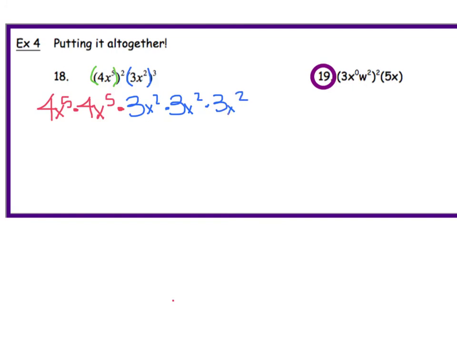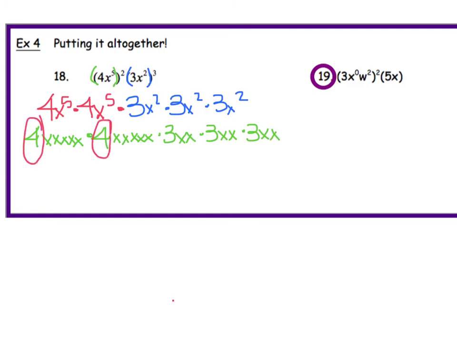Okay, now I can expand, right? 4x to the 5th, 1, 2, 3, 4, 5, times 4x to the 5th, 1, 2, 3, 4, 5, times 3x squared, times 3x squared, times 3x squared. Alright, circle the coefficients, which are my bigger numbers in front of the letter.